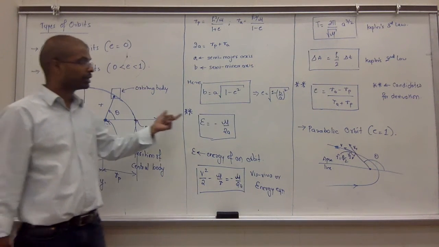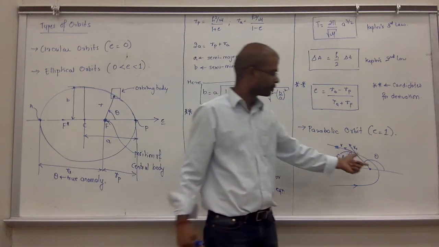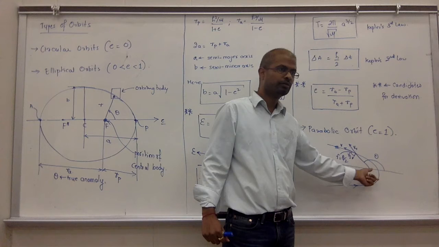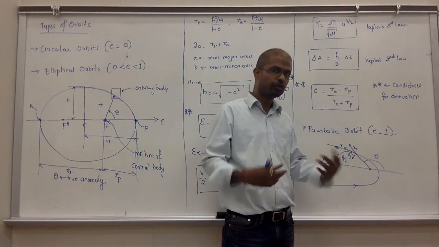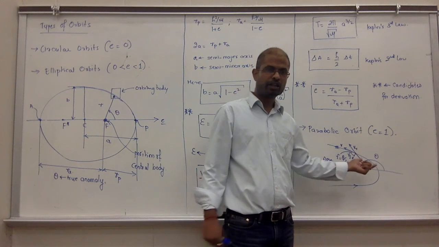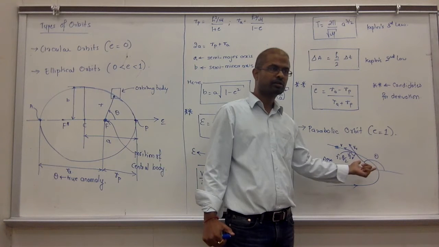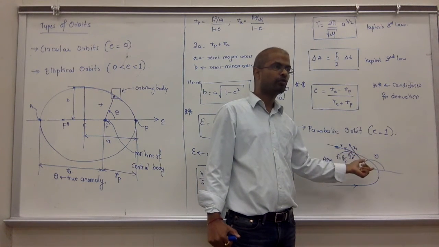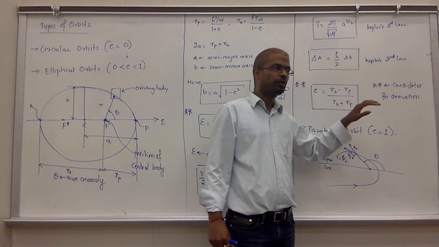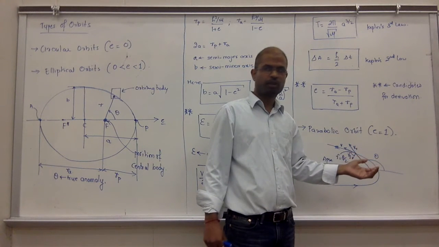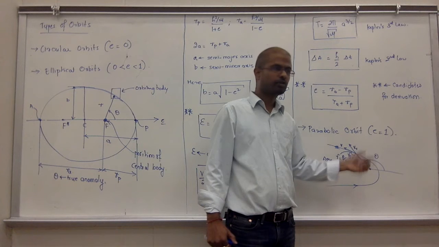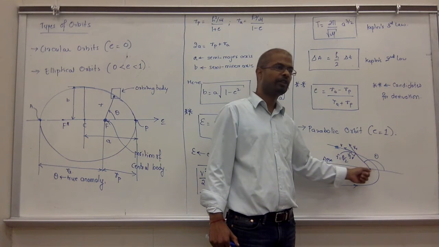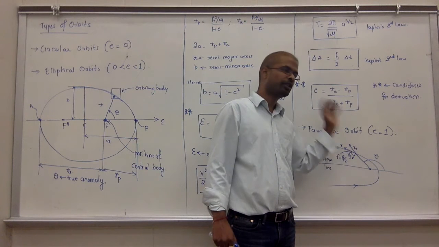At this point, when it finally escapes the gravitational pull of the central body, it has no more energy left. The energy of a parabolic orbit is 0. It has no more energy left to go beyond the escape point, and it is so far away that the gravitational attraction doesn't have any impact on it. So it stays there.